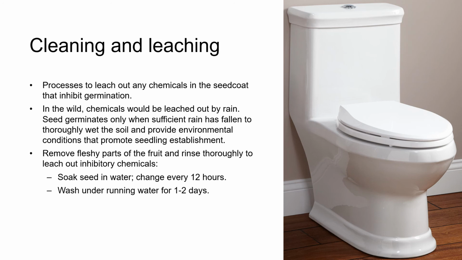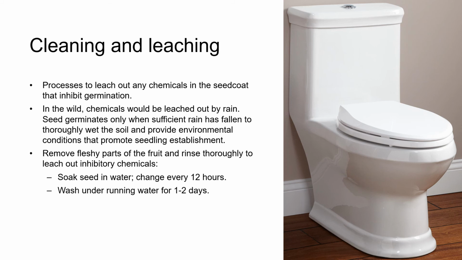One way around this is to put the seeds in a muslin or cheesecloth bag and hang the bag in the toilet tank. So note, this is hanging it in the tank of the toilet, not the bowl of the toilet. The seeds will be soaking in the water, and the water will be changed every time someone flushes the toilet.